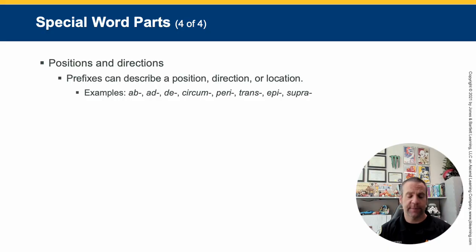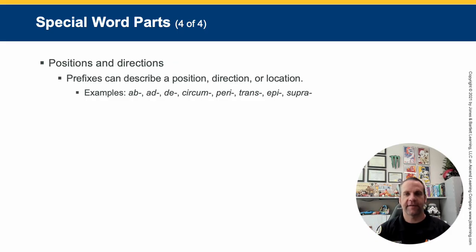You'll see prefixes like peri, meaning surrounding or around, such as pericardium, the sac that surrounds the heart. Trans means across or through, as in transcutaneous, which refers to something passing through the skin. Epi means above, seen in epigastric pain, which is pain above the stomach.